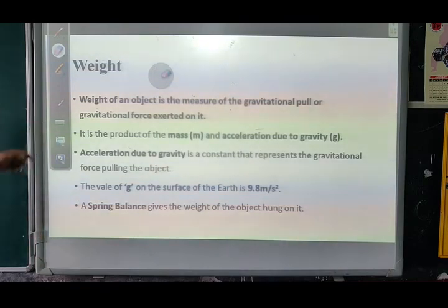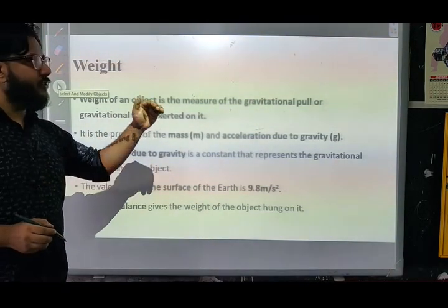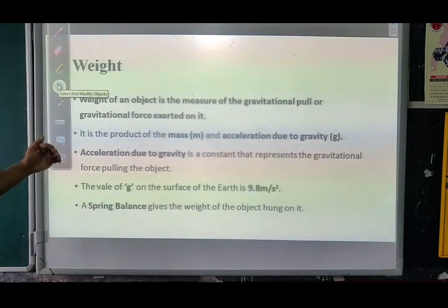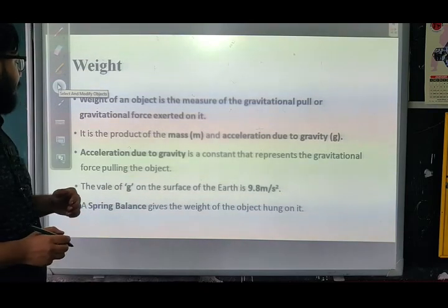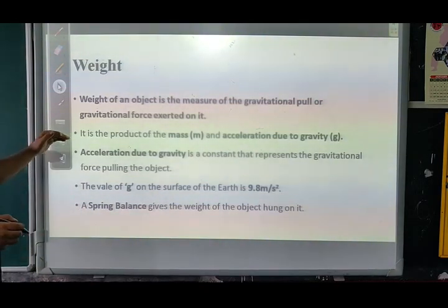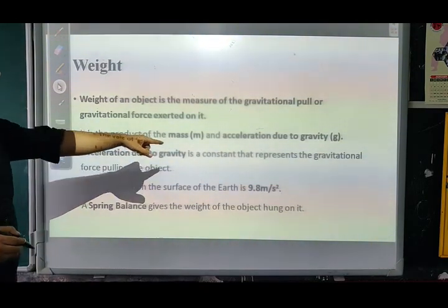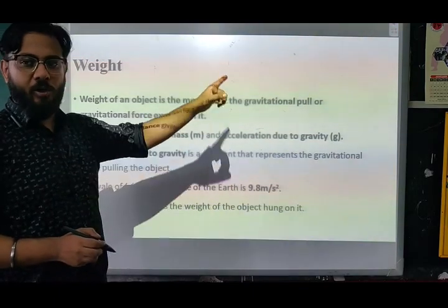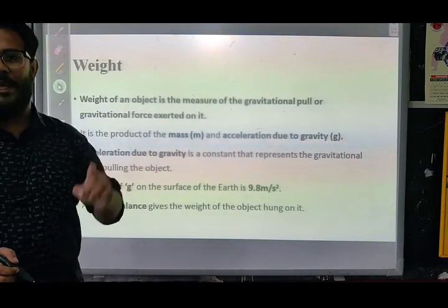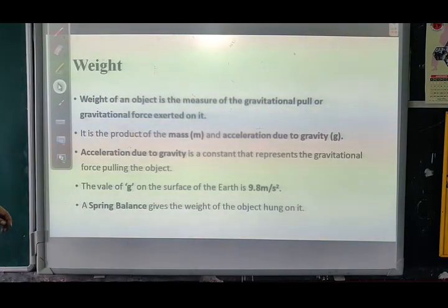So let's look at the definition of weight. Weight of an object is the measure of the gravitational pull or gravitational force exerted on it. It is the product of mass m and acceleration due to gravity. We already discussed it. W is equal to m into g, right?